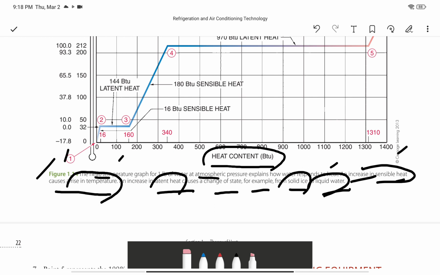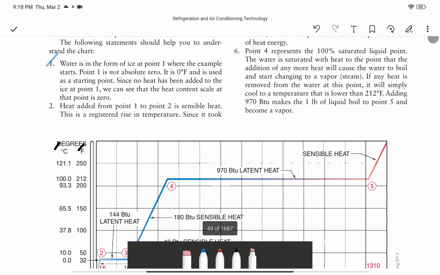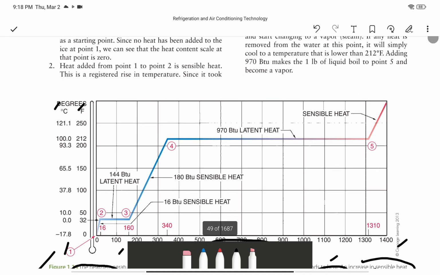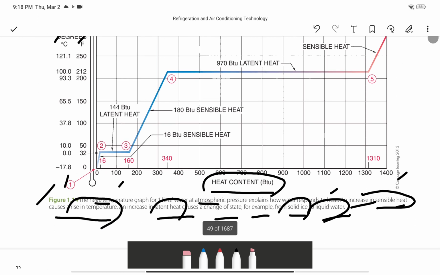And then at point two, heat added from point one to point two is sensible heat. So what happened? Temperature rises from 0 degrees Fahrenheit to 32 degrees Fahrenheit at your point two.